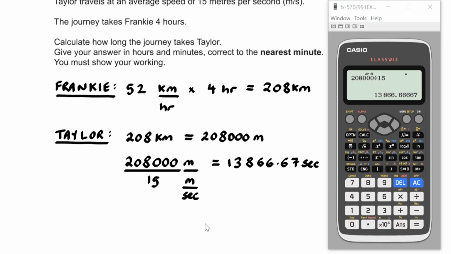And what we need to do is convert this into hours and minutes.